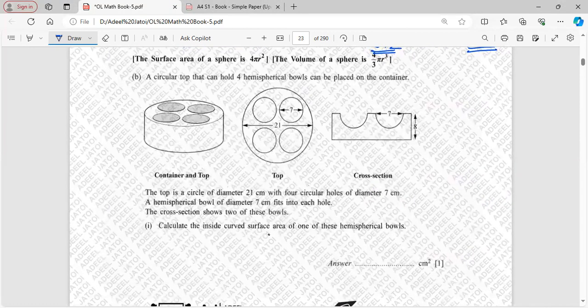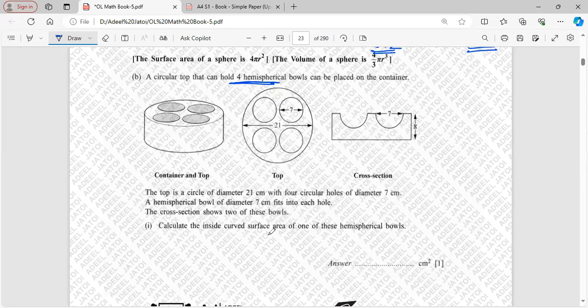It says that the surface area of the sphere is 4 pi r square. The volume of the sphere is 4 upon 3 pi r cube. The circle top, remember this, can hold up to 4 hemisphere balls placed on the container.